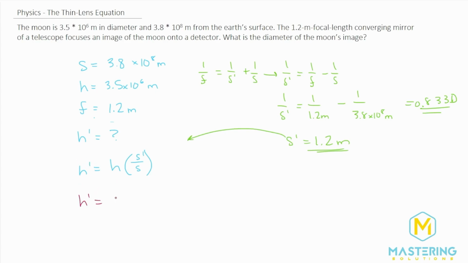So h prime will be equal to h, which we said was 3.5 times 10 to the 6 meters. Now we're going to multiply that by the ratio of the image distance, which we said was 1.2 meters, divided by the object distance, which is 3.8 times 10 to the 8.